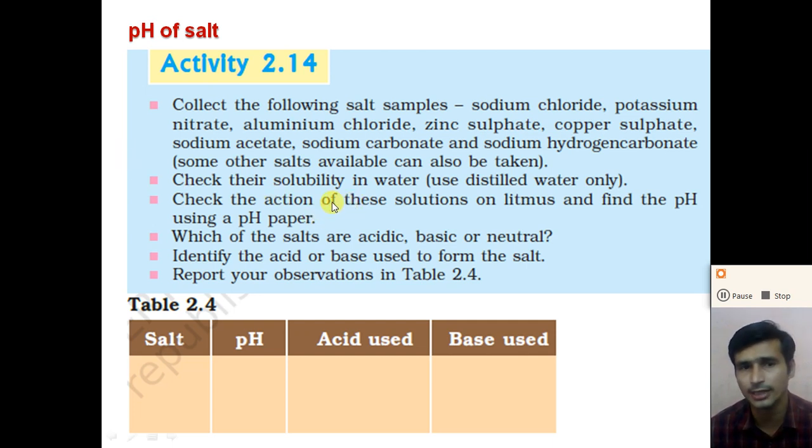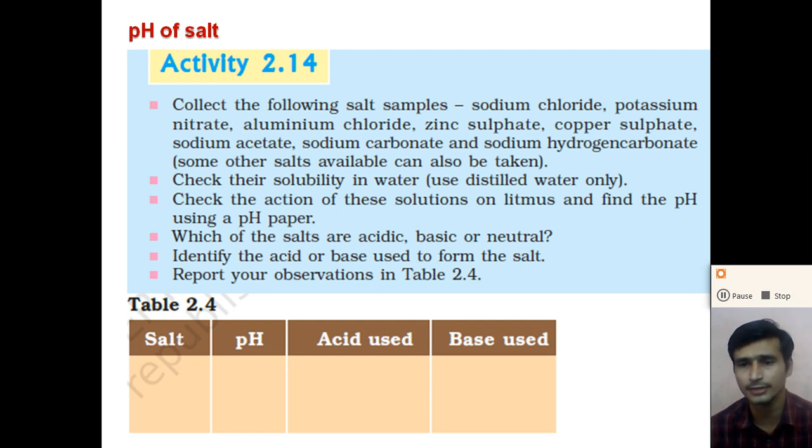Now check the action of this solution on litmus and find the pH using a pH paper, right? When we place a red litmus paper in the solution, does it become blue or not? When we place a blue litmus paper in the solution, does it become red or not? And from that we can say whether the salts are acidic, basic or neutral, right?